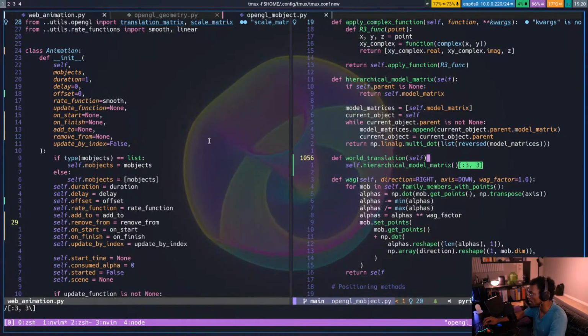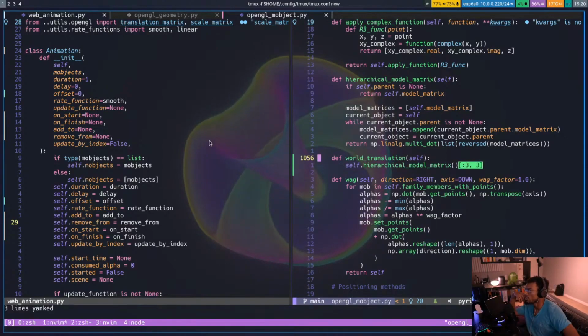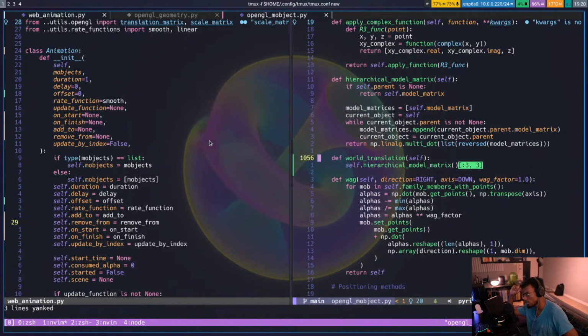I should probably just add that. World translation? Does this name even make sense? I think I took this inspiration from 3JS where they have a function called matrix world. I think that's fine.